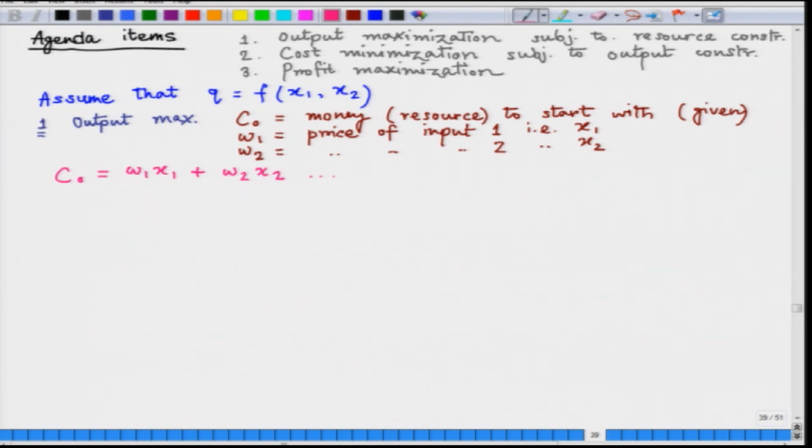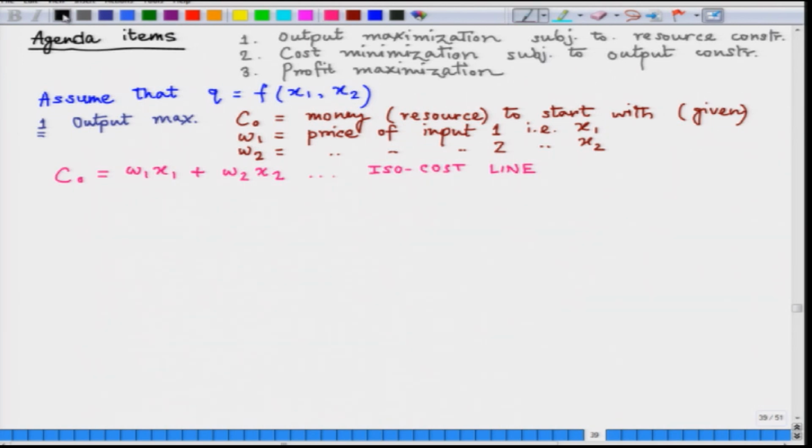It means that the entire amount of money will be spent on these various combinations of inputs, and as the resource level is given and the resource is basically cost here, this is known as ISO cost line, right. This is exactly similar to the concept of budget constraint in the case of consumer behavior.